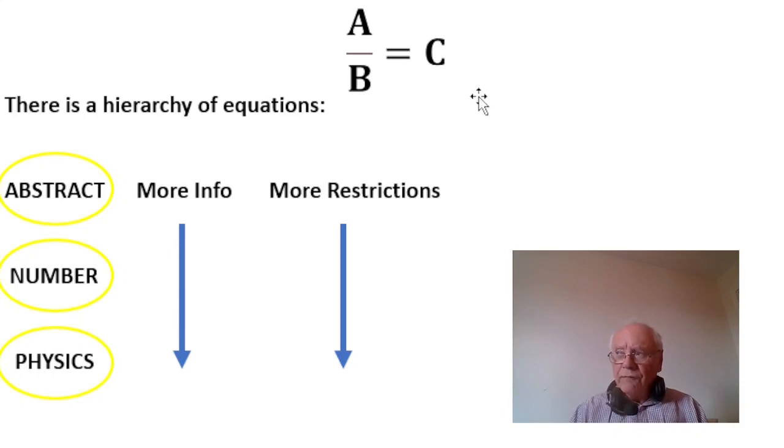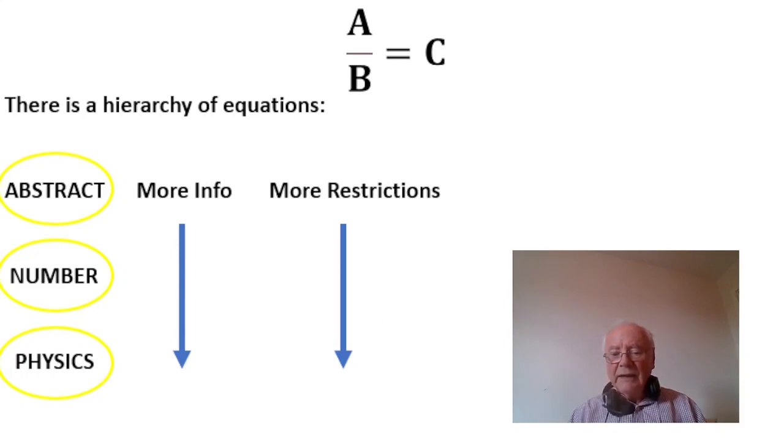And the rule, funnily enough, is that while it's an abstract equation, you can manipulate it as much as you like. It's only when it becomes a number equation that you have these restrictions. You can, as it were, hold off deciding what A, B, and C are when you write down the equation and keep it formal, keep it as an abstract equation, do your manipulations, and then when you decide to make it a number equation, the equation you've got left after your manipulations is the equation where you apply the restrictions.